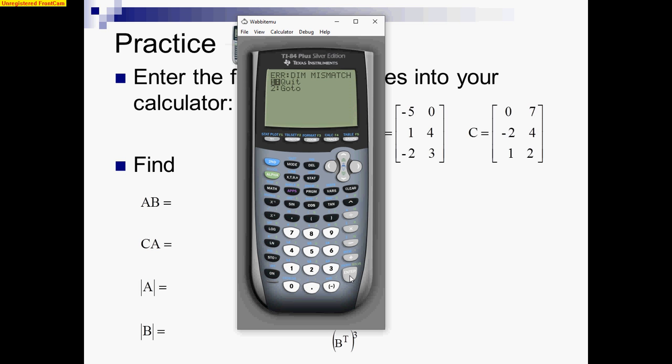C times A is a 3 by 2 times a 3 by 3. Not going to work, right? If you ask it to go to it, it could send you back to the screen, and it says, I can't do what you want.